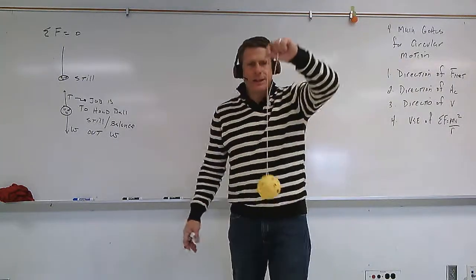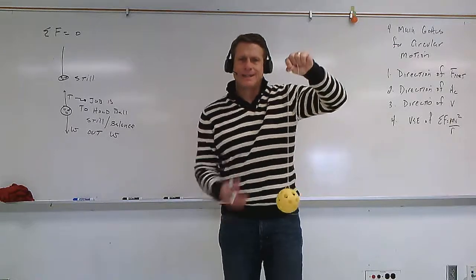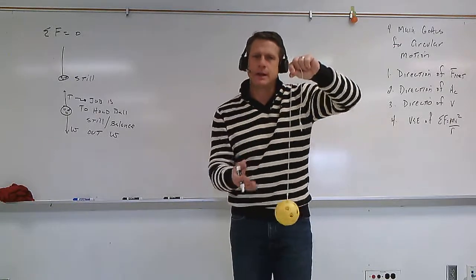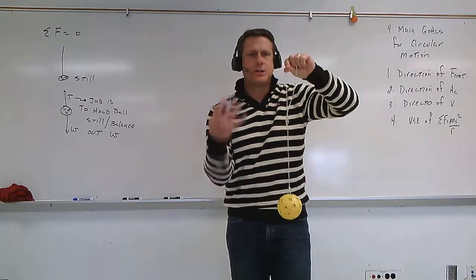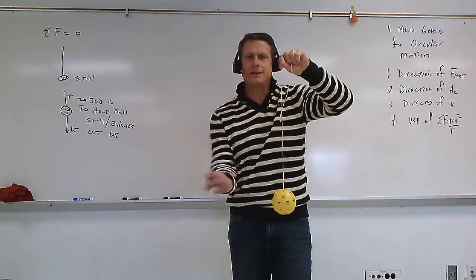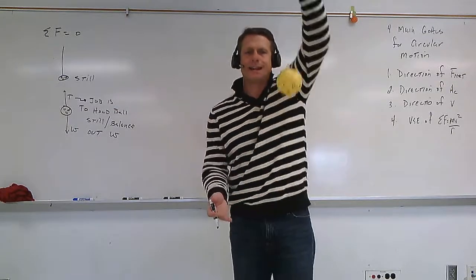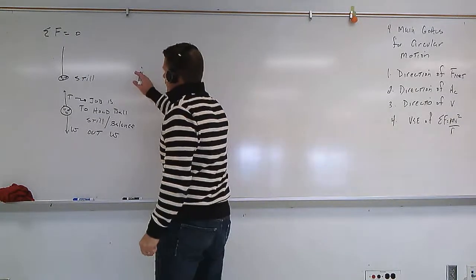Well, what happens if I take the ball, it's at rest, and all of a sudden it's moving? It's accelerating, right? Because it wasn't moving and now it's moving. So now the tension's kind of got 2 jobs. It still has to balance out the weight, and then it's got to accelerate the object upwards. So we progress, right?